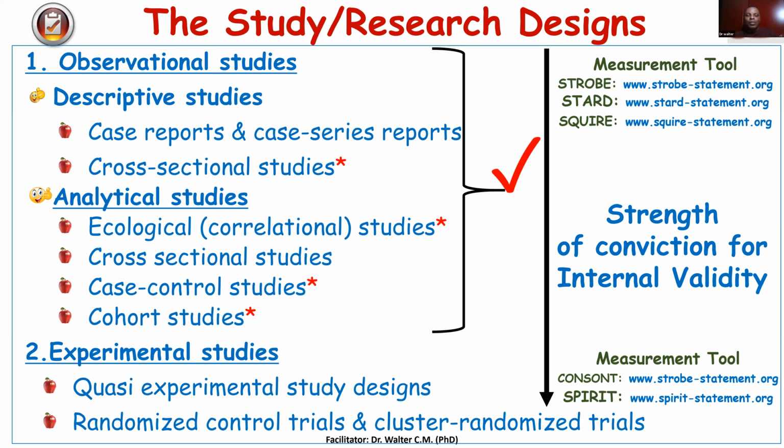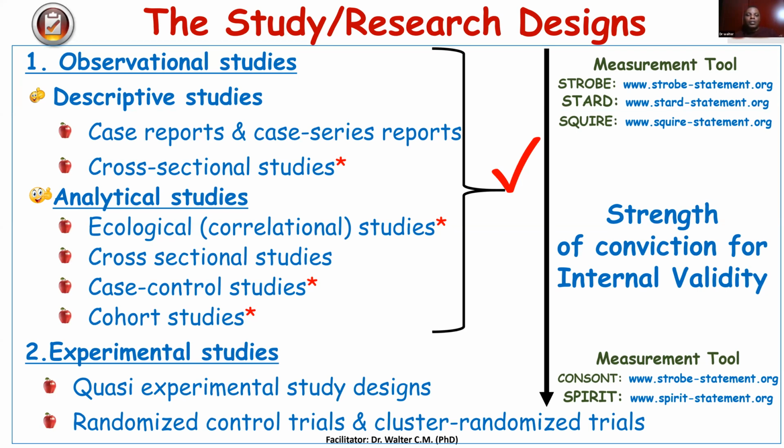When you move from the observational studies, it means that you are somehow not in a position to convince people that you have valid studies or valid findings, though they are also acceptable because you are informed by research. We have tools that guide you to measure your study design.